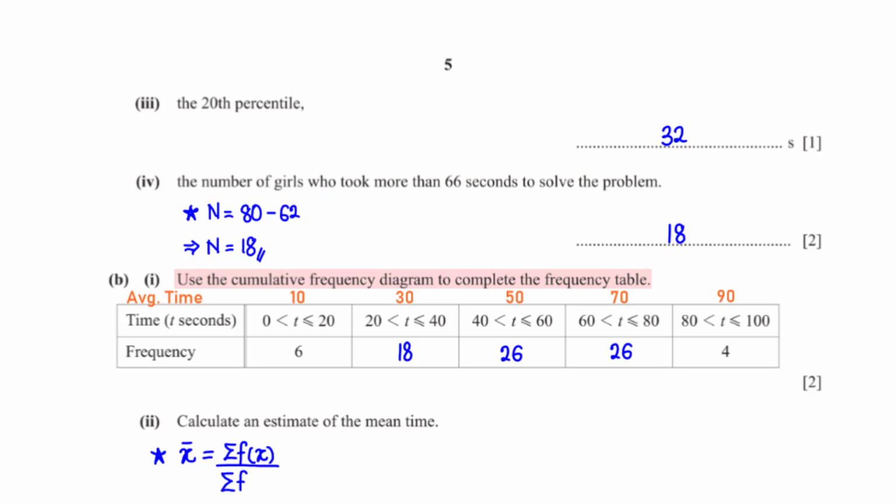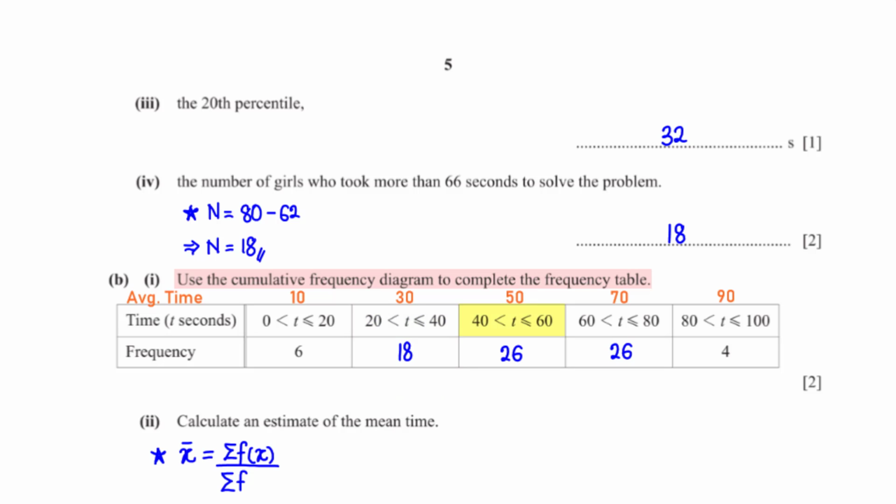Use the cumulative frequency diagram to complete the frequency table. At t equals 20, the cumulative frequency is 6, and at t equals 40, the cumulative frequency is 24, and so 24 minus 6 gives us 18.